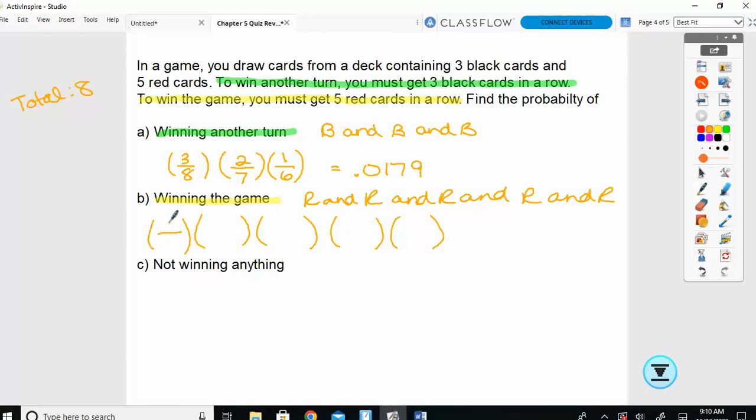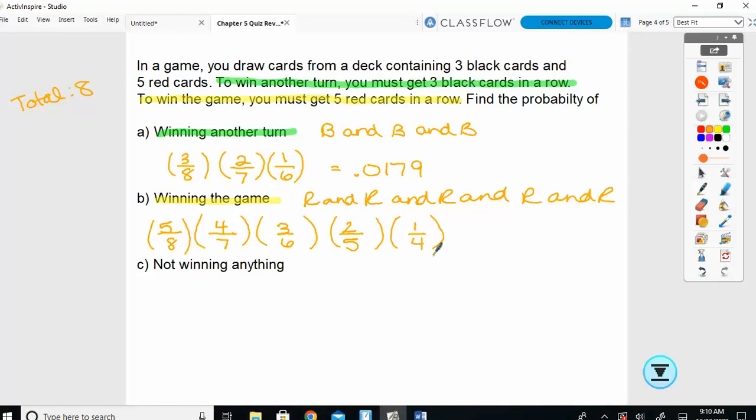Okay, the first time I draw, how many reds are there? Out of? Okay, if I've taken out a red, how many reds are there? Out of? Next time. Out of? Next time. And the last one?